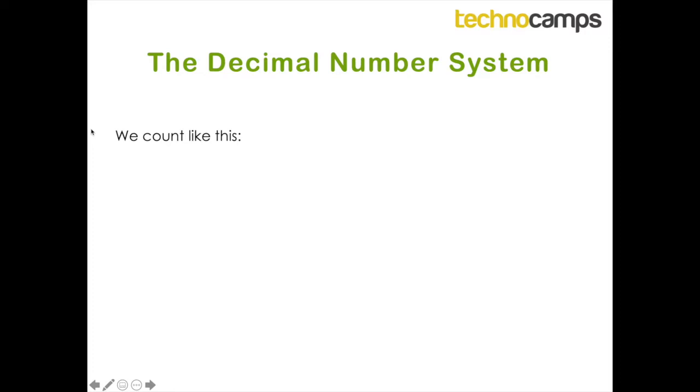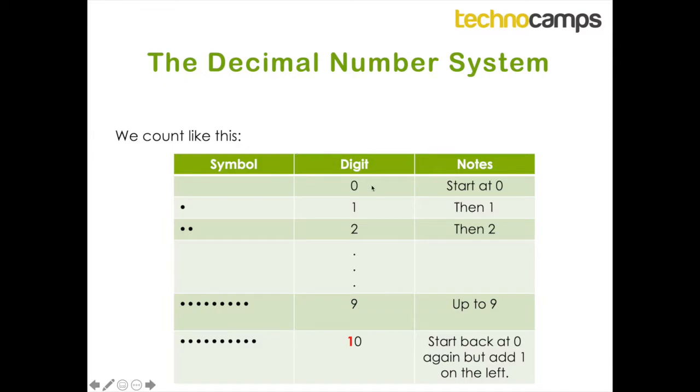Using this decimal number system, we count like this. We start with 0, then we add 1, then we add 2, and so on. We go up to, let's say, 9. So here we've got 9 black dots, okay?